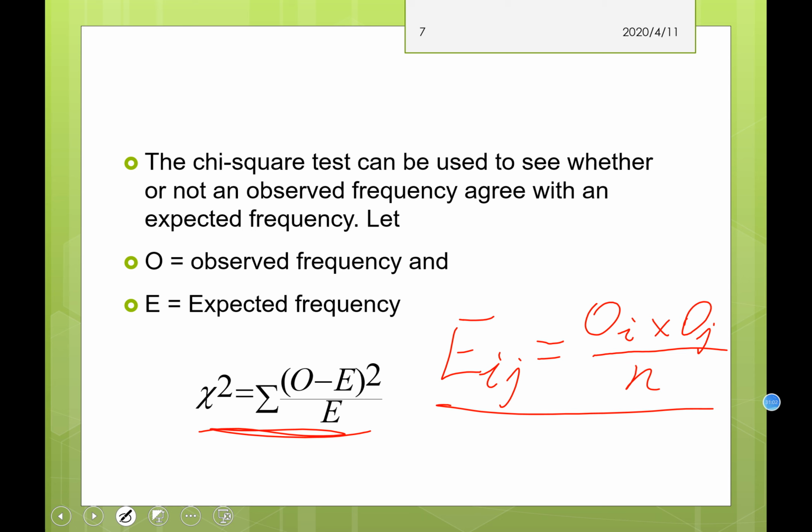And we said that the expected frequency is calculated on the basis that H0 is true. So if we find the chi-square value is too large, that means the difference between observed frequency and expected frequency is too large.